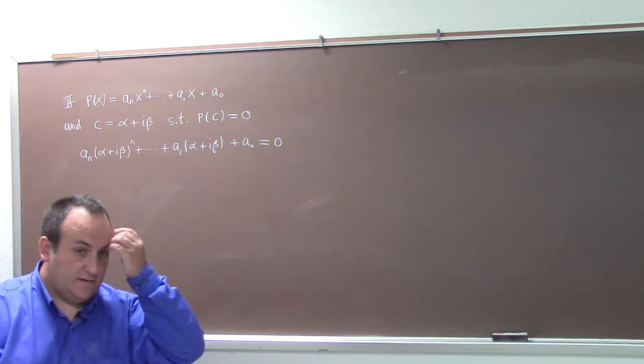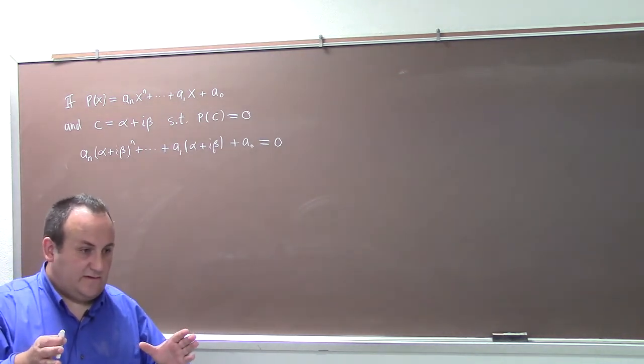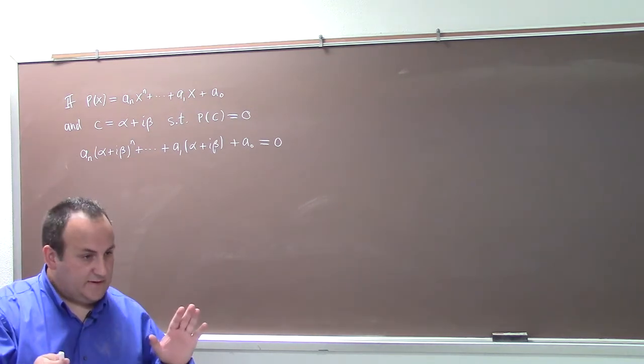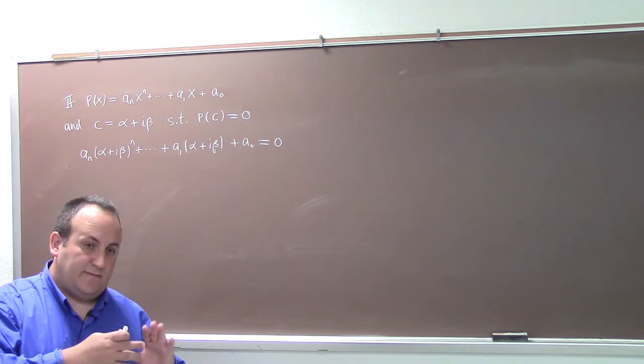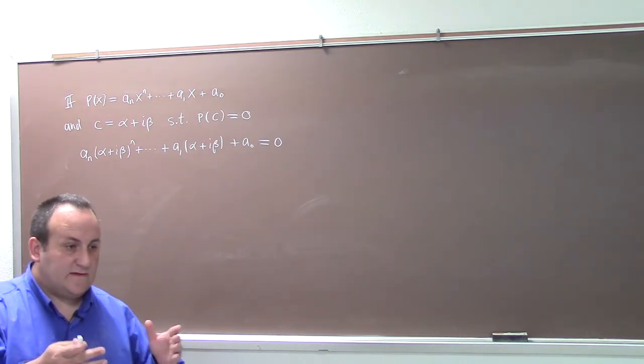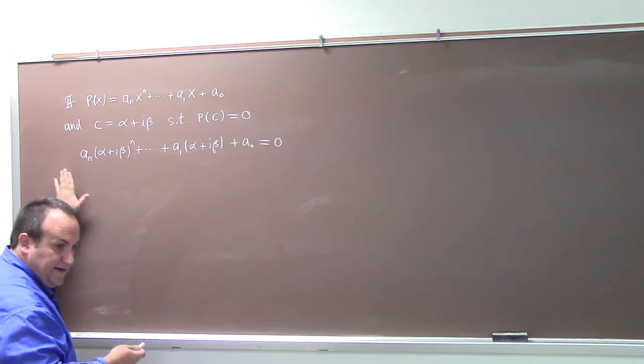All right? But here's the thing. If you study the properties of complex conjugation, the complex conjugate of a sum is the sum of the complex conjugates, and the complex conjugate of a product is the product of the complex conjugates. So if this equation is true, you can take the complex conjugate of it.